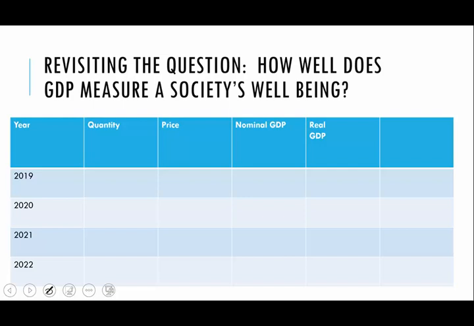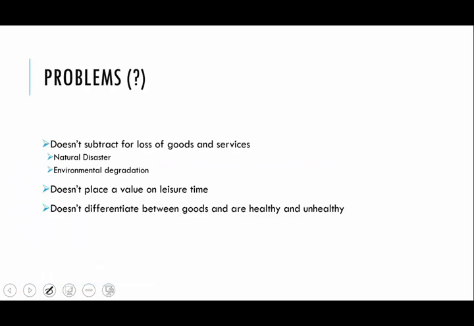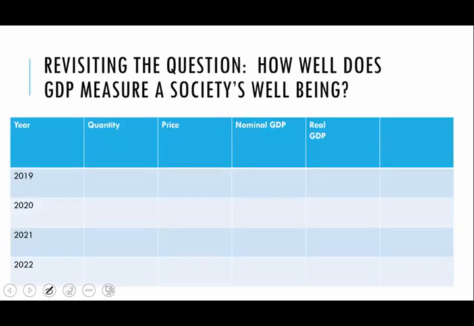So we're going to move on here. If we go back, you see we've talked about problems here, which I hope you're thinking of in terms of our first question, of how well does GDP measure or reflect the well-being of a society. And now we're going to look at this from a little more basic sense.